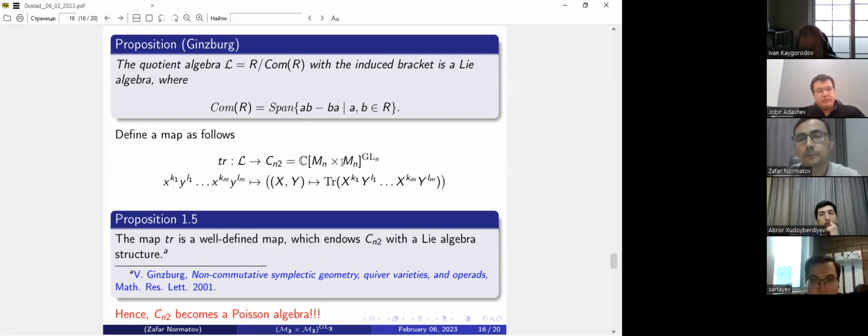Или нет? Это коммутативный, да. Commutative. Здесь AB минус BA или AB плюс BA? AB minus BA. Точно? Тут он получает R, а R была исходная алгебра, она ассоциативная, не коммутативная.